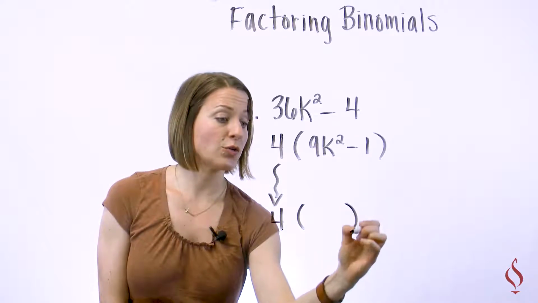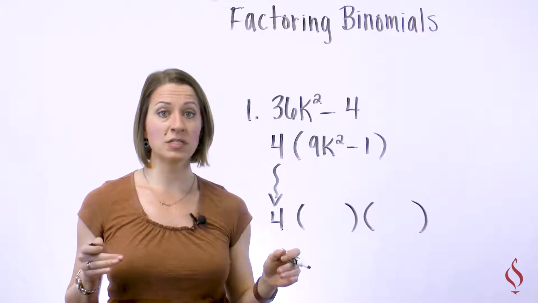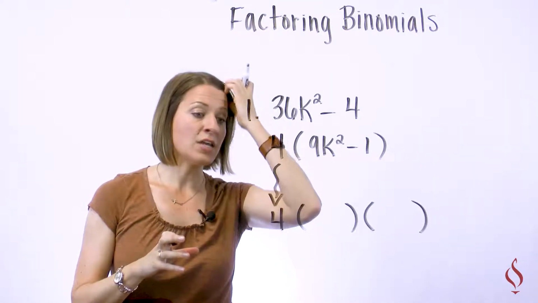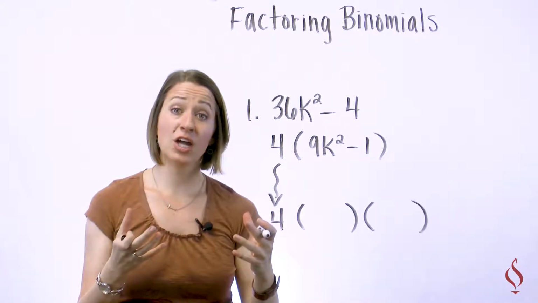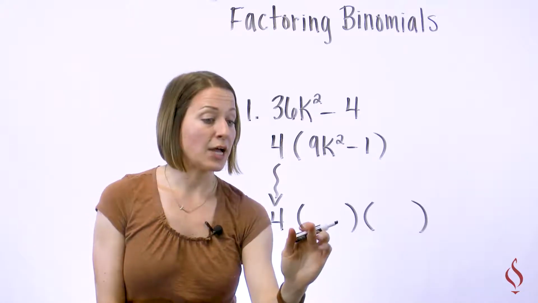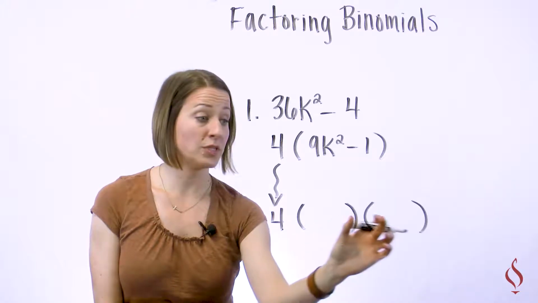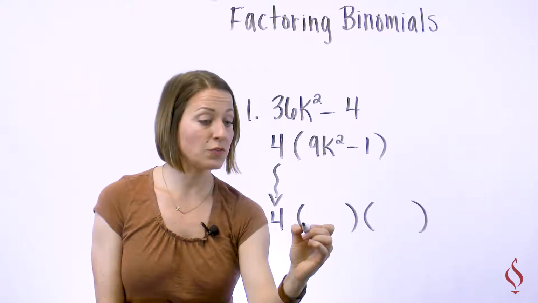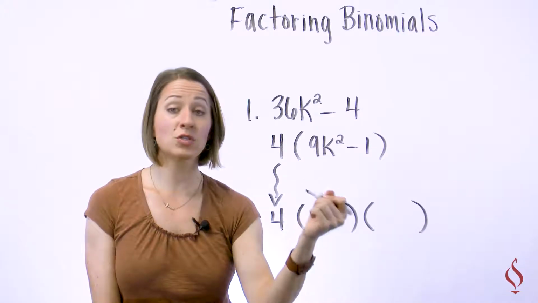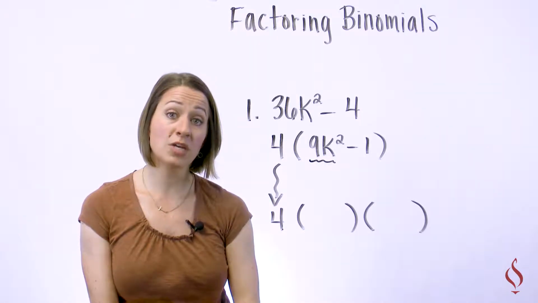For our answer, go ahead and draw two parentheses. We're going to unfoil this in a way, but there's actually a shortcut once you figure out this is a difference of squares. These are both going to be binomials, so there are 2 terms in this parenthesis and 2 terms here. The first spot of each parenthesis will be the square root of the first term in the problem.